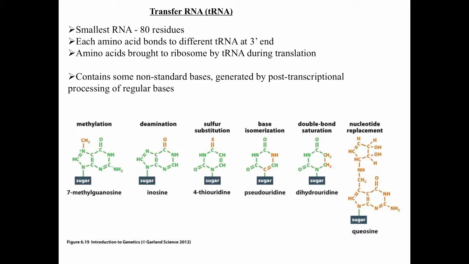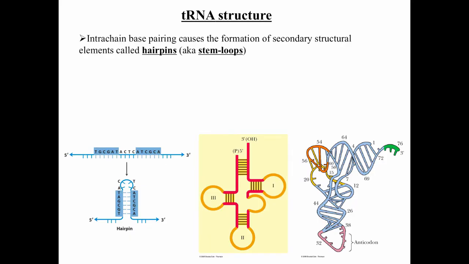The transfer RNA is important because it's going to bring the amino acid to the ribosome for translation. Transfer RNAs also tend to have non-standard bases, and they are generated by post-transcriptional processing. So these are some of the non-standard bases that are in transfer RNA.